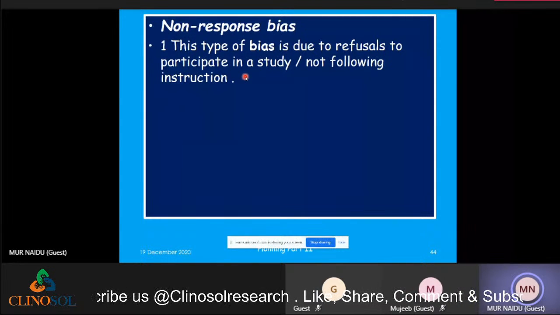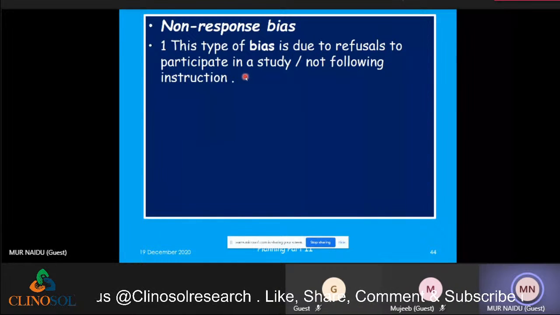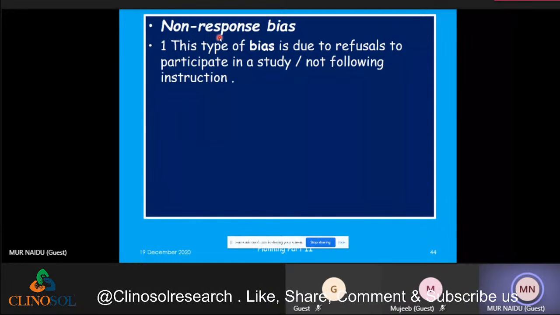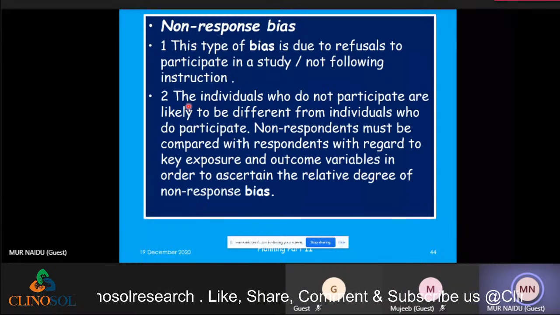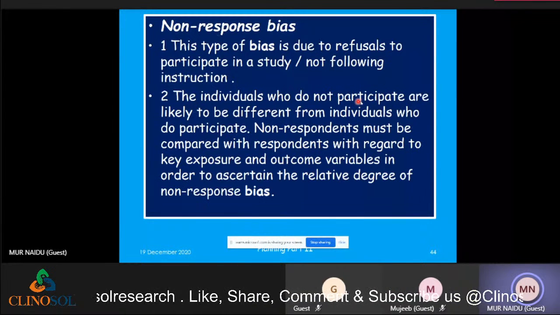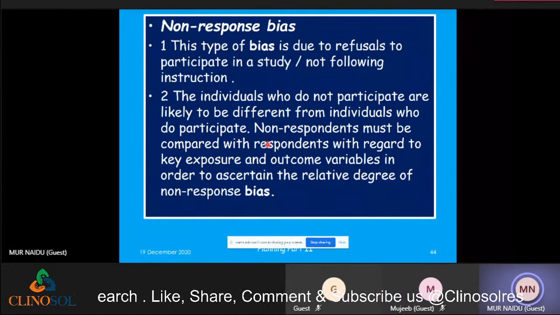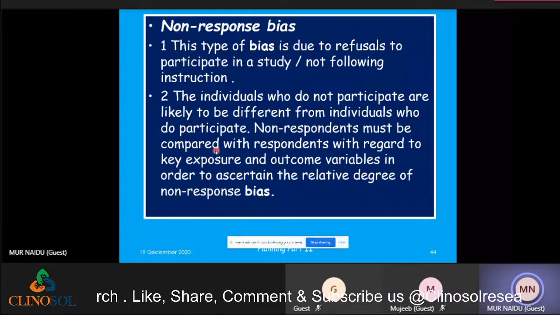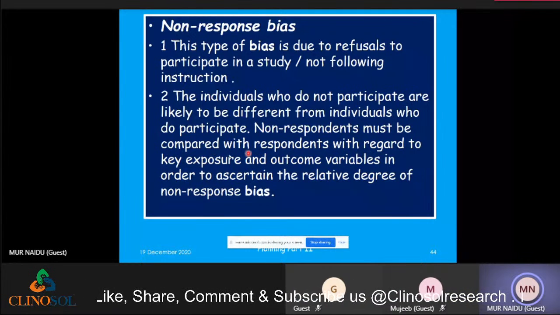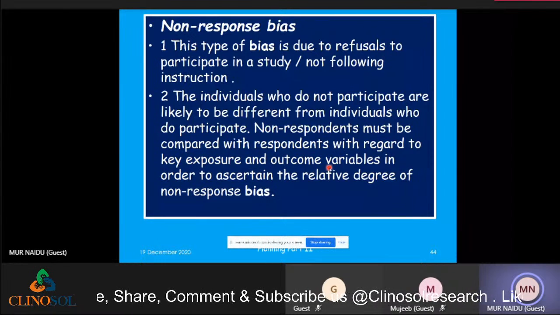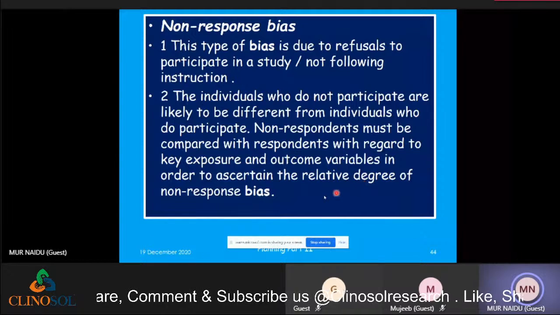I gave the example of not properly using a proton pump inhibitor in a peptic ulcer. So it's a non-response bias. It is not the failure of the drug. Individuals who do not participate may be different from the participants. Non-responders must be compared with responders with regard to exposure and outcome variables.